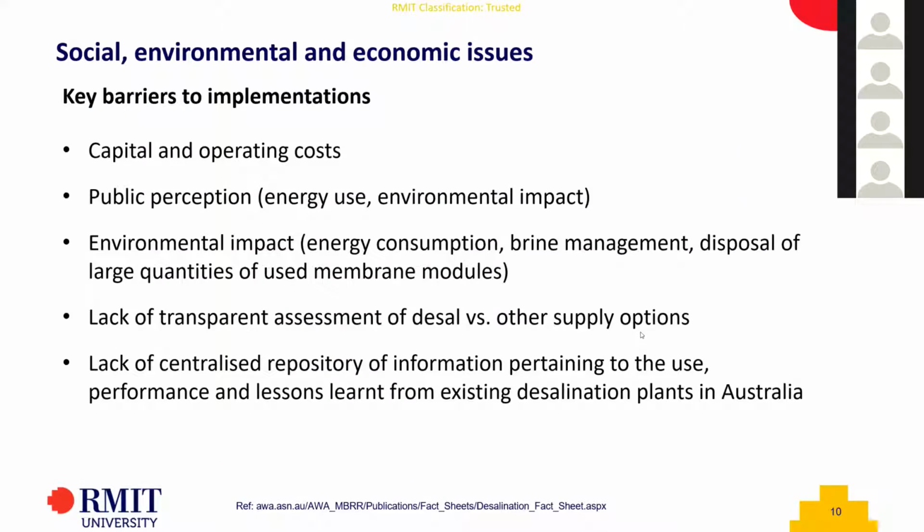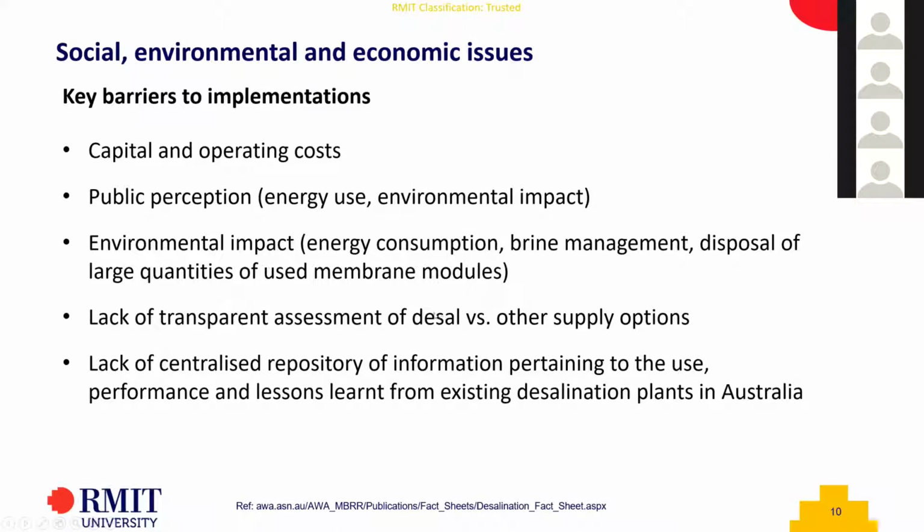As you can see, the key barriers identified for the implementation of seawater desalination in Australia include capital and operating costs, very, very expensive, and public perception. This is related to the high energy use and also the potential environmental impact because of greenhouse gas emissions and some waste streams, for example, brine.